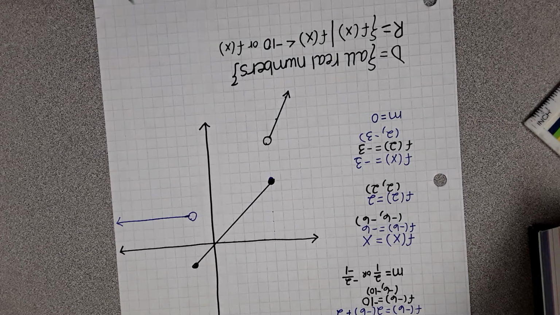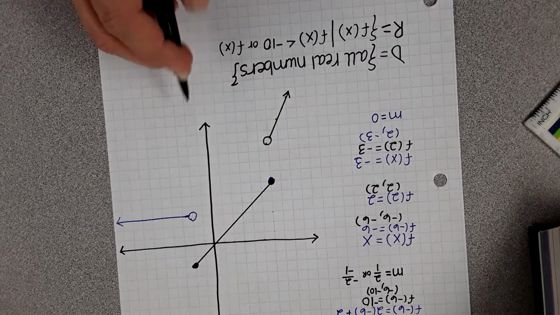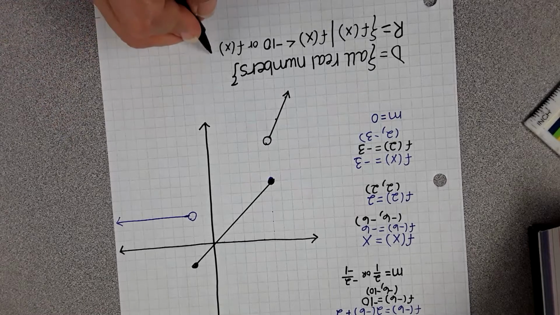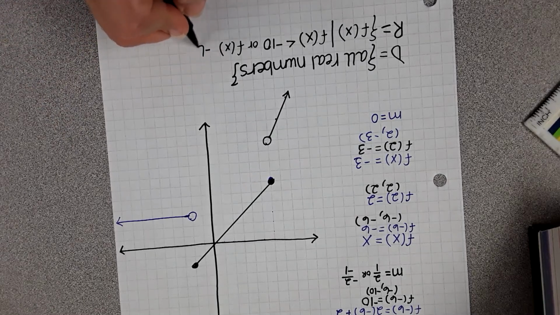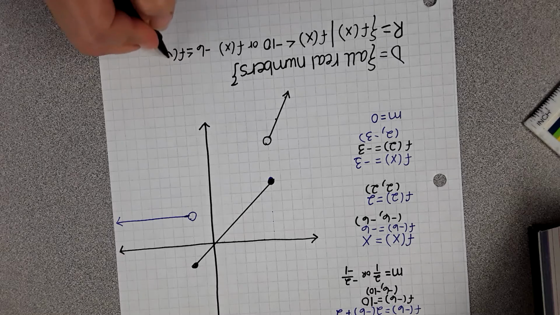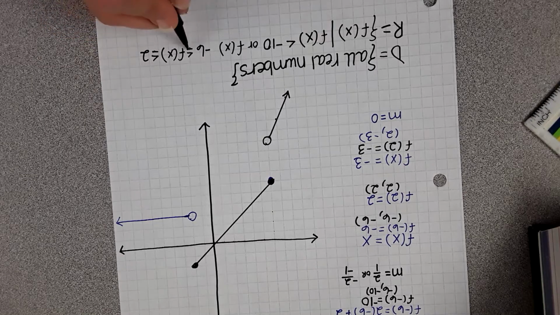I kind of messed this up. Or f of x is going to be between, so it picks up at where? Negative 6. And where is it going to end? And why did I put lines in these?